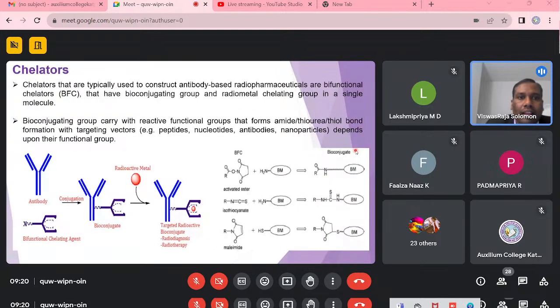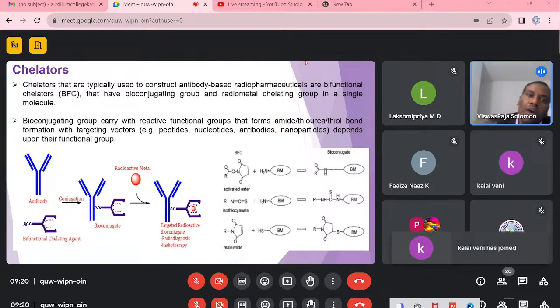As I said, the chelators are linkers. For an antibody-based radiopharmaceutical, we need a bifunctional chelator. Bifunctional means it should have both bioconjugating groups as well as radiometal chelating groups in a single molecule. Bioconjugating groups usually carry a reactive functional group. It forms different bonds with the protein.